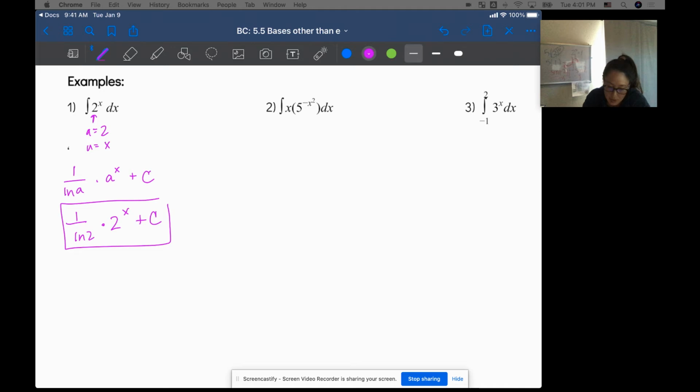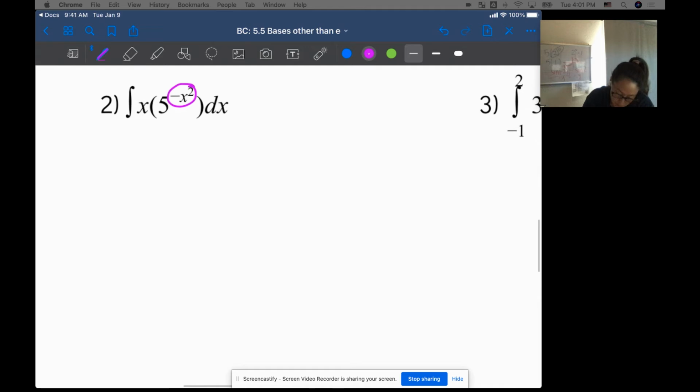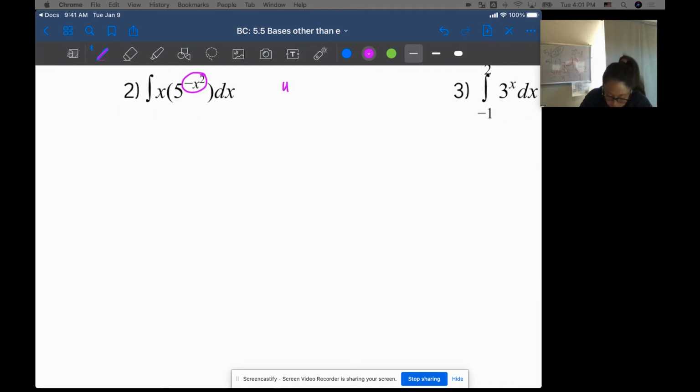All right, next one. Little trickier here, but again, we kind of know how to take the antiderivative of 5 to the u. So let's try and make negative x squared equal to u. So du is equal to negative 2x dx.